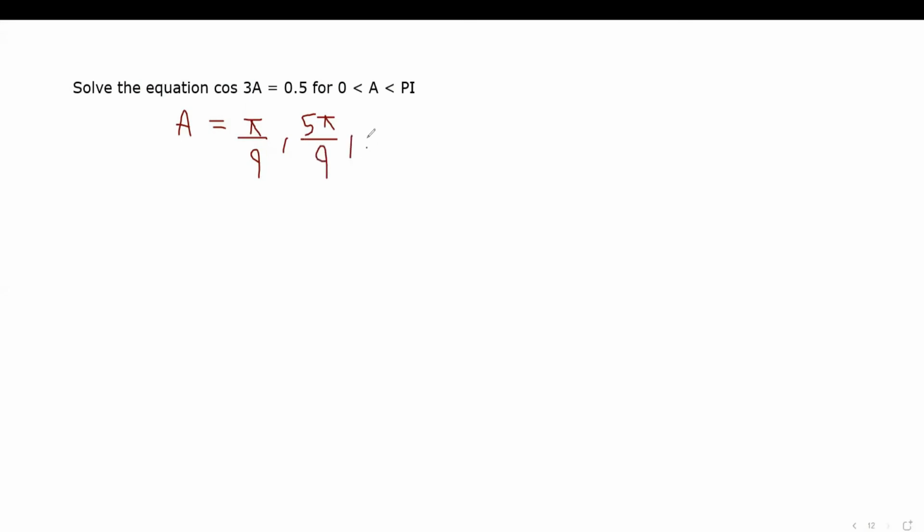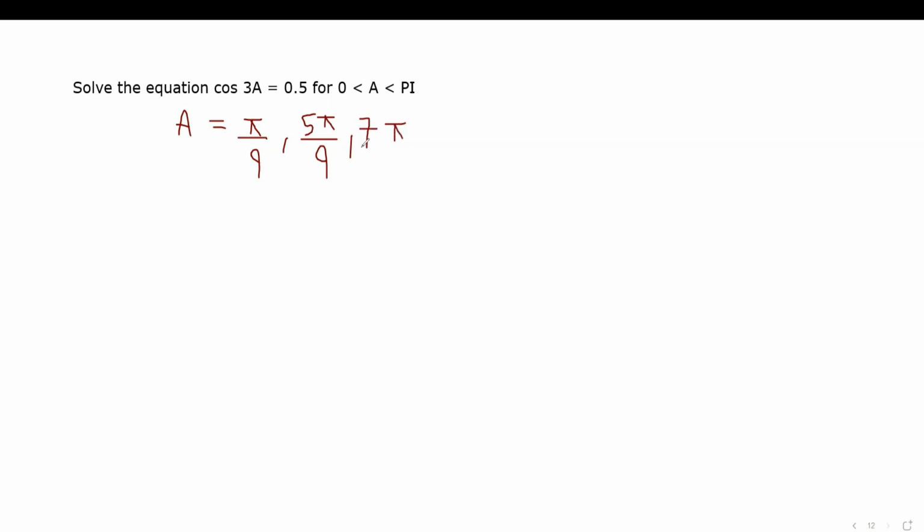From the part where we were solving and writing down the answers, remember we had gotten a equal to pi by 9, 5 pi by 9, and 7 pi by 9. This is going to be critical in this final answer.